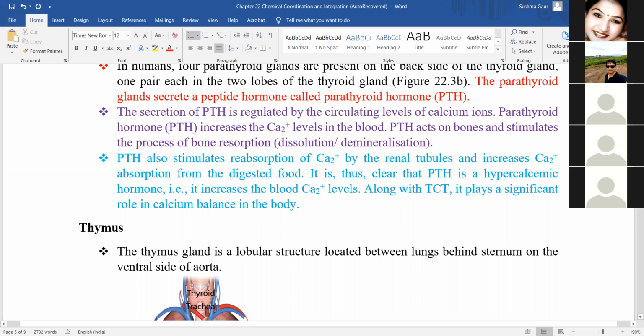It plays a significant role in calcium balance. Its main function is maintaining the concentration of calcium in our body, by stimulating reabsorption as well as increasing the level of calcium in our body.